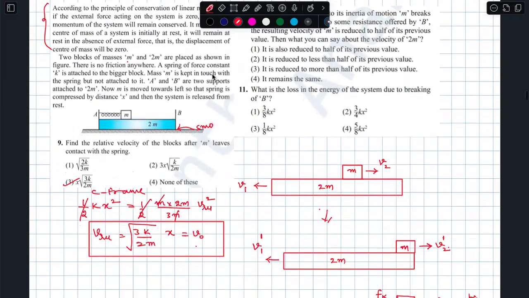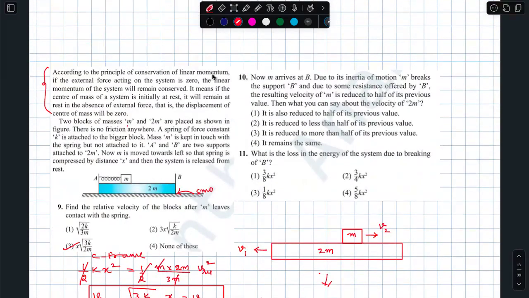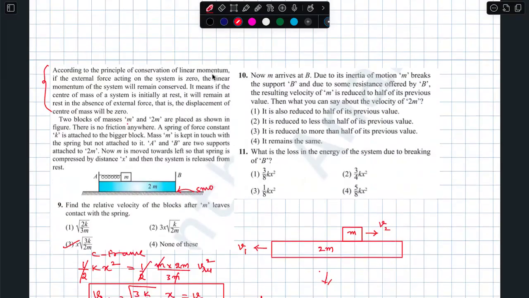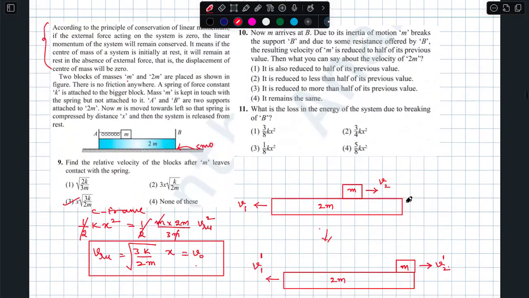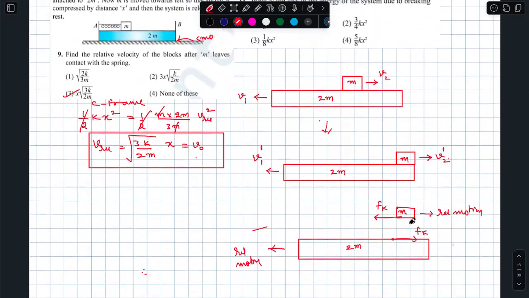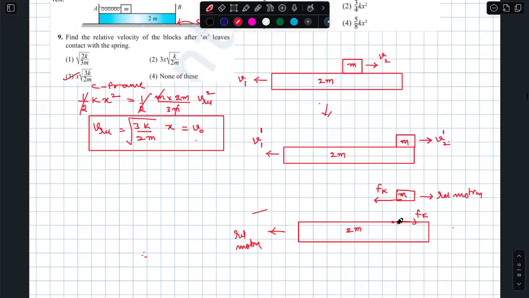Due to inertia of motion, M hits the support B, and due to some resistance offered by B, the resulting velocity of M is reduced to half of its previous value. So there is no friction. Okay, right, I got the point.